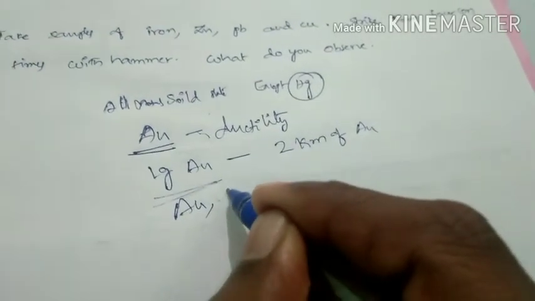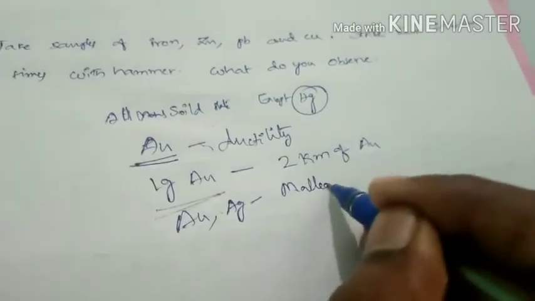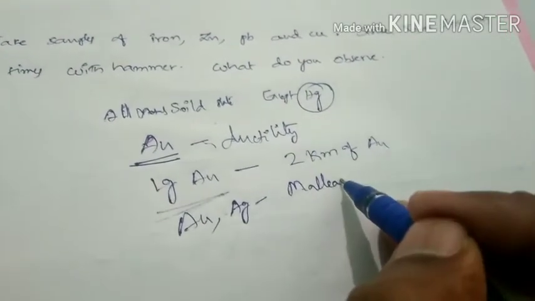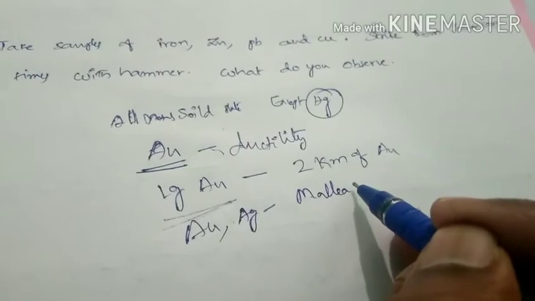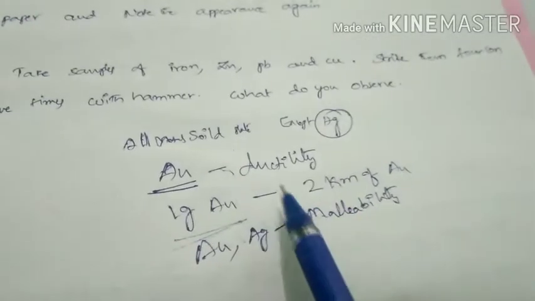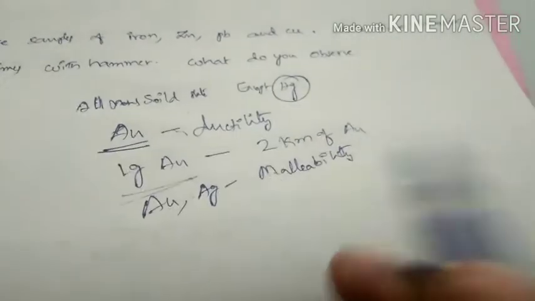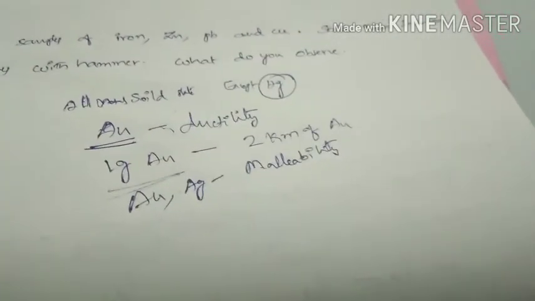Malleability means making of sheets. Ductility means making of wires. So gold is the most ductile metal, and gold and silver are the most malleable metals.